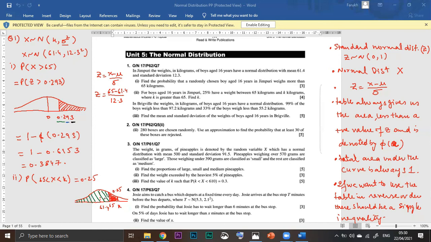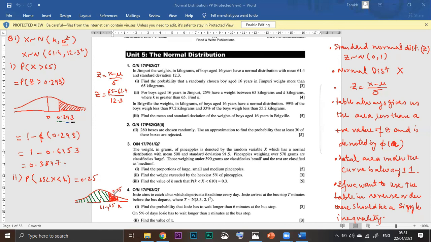Whenever we convert the double inequality into single inequality, we will have to use the previous part. In the previous part, we can see that we have area greater than 65, which is equal to 0.3847.